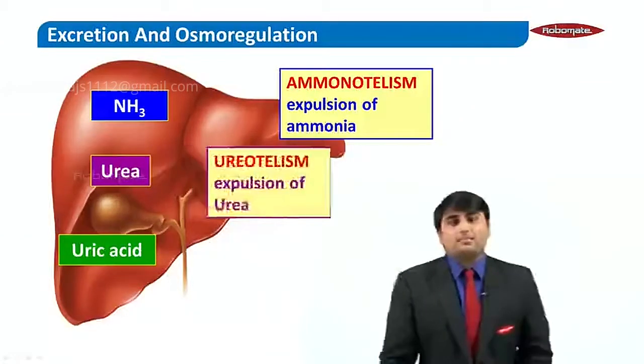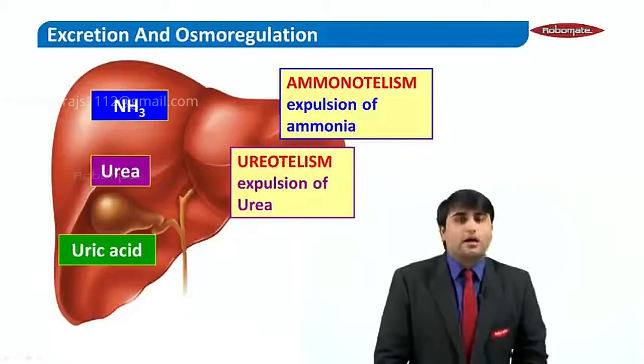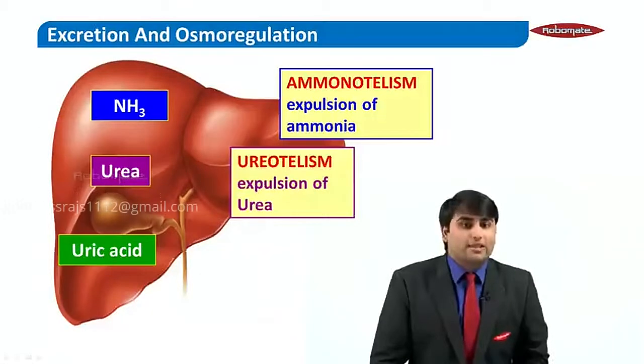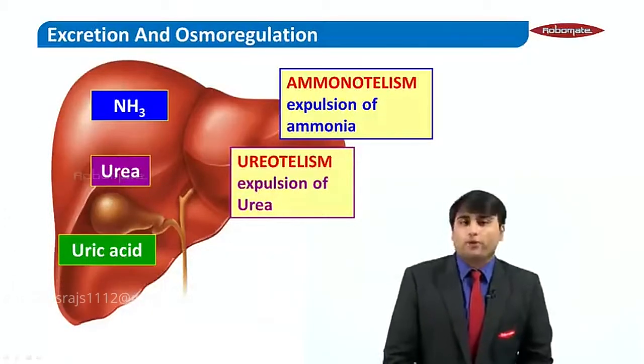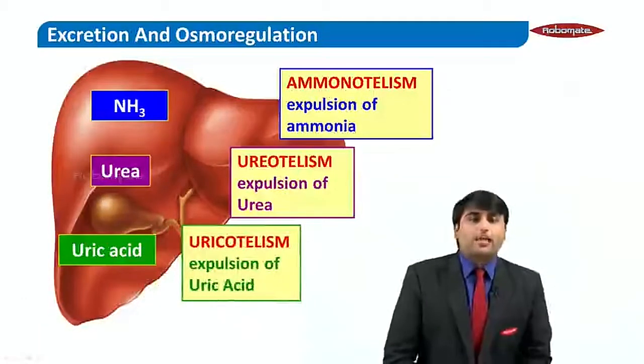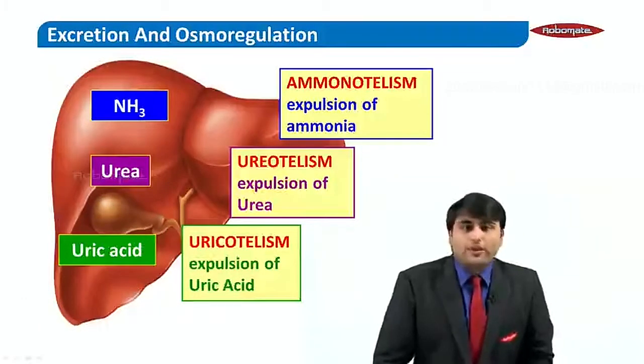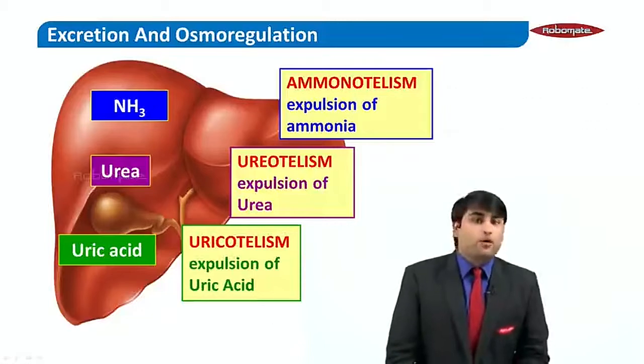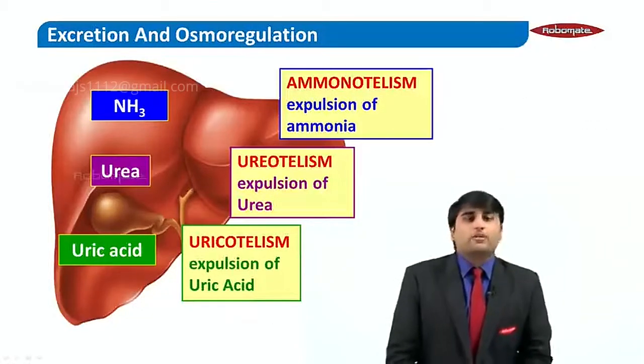And the organism which excretes urea is called a ureotelic organism and shows the ureotelism mode of excretion. And the organism which excretes uric acid is called a uricotelic organism, and the mode of excretion is uricotelism.